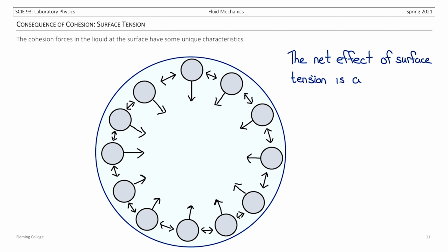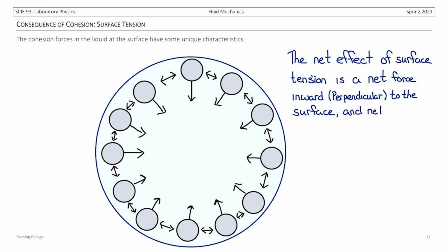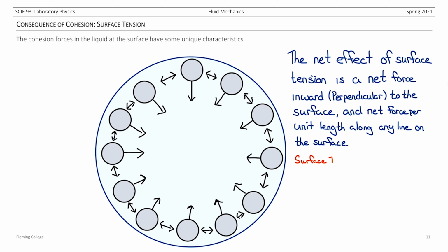The net effect of all the surface tension forces is a net force inward that's perpendicular to the surface at all points, as well as a net force per unit length along any line on the surface. This net force per unit length along the surface is what we refer to as surface tension.